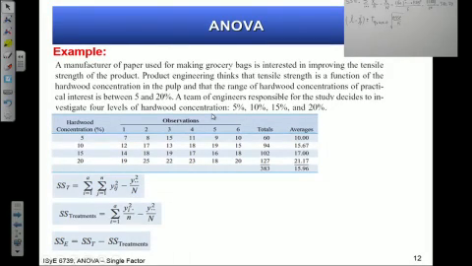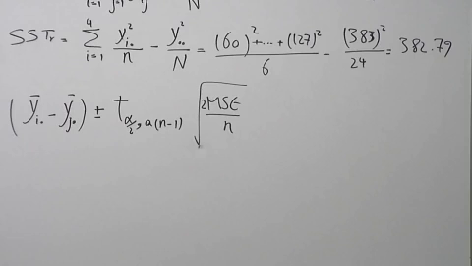Okay. So the question is, find the difference between 15 and 20%, or confidence interval for that difference.